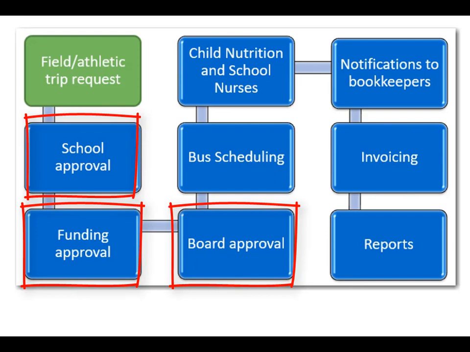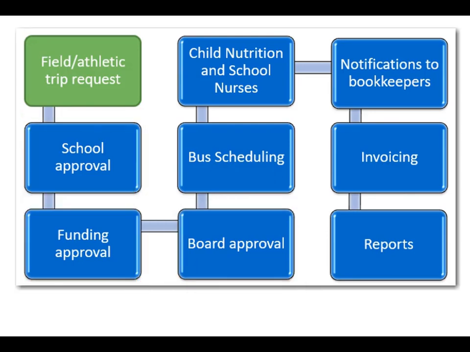We can have up to 10 levels of approval. So in my flow chart here, we just have an example where it's going through 3 levels of approval. School approval, that many times might be the principal, or perhaps the bookkeeper is putting in information maybe about funding.